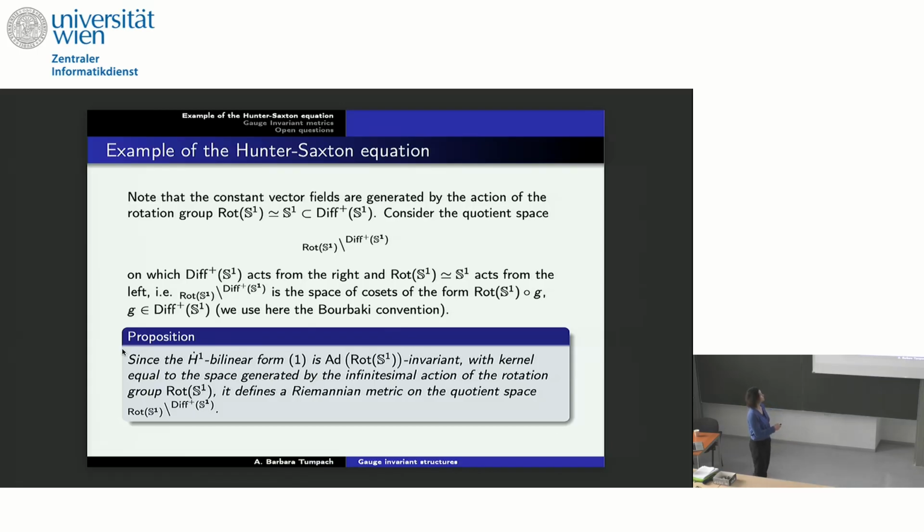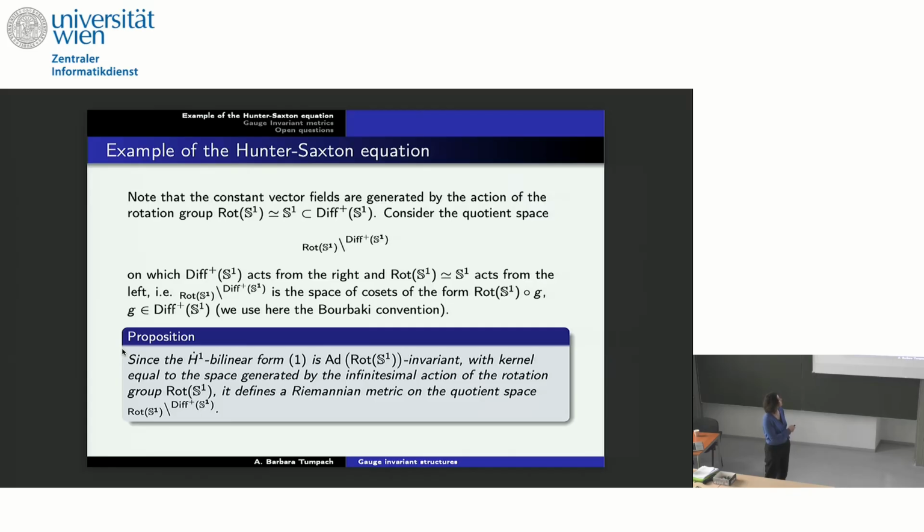So the proposition is the following. We have a right invariant metric, and we want to know when it descends to the quotient, and actually we can look at everything at the Lie algebra of the group here. So the invariance that makes the metric go down to the quotient is the Ad Rot S invariance.